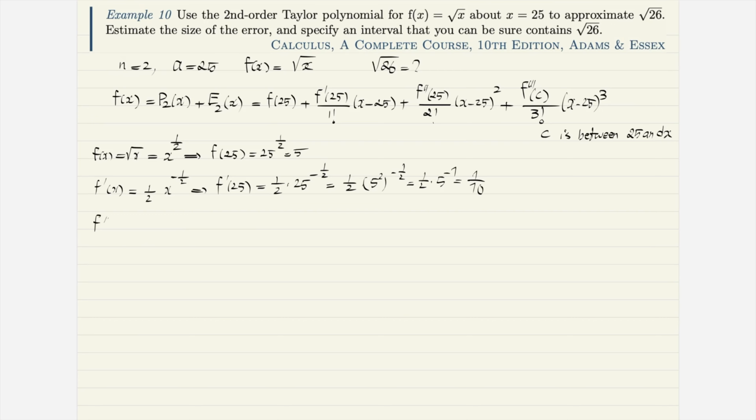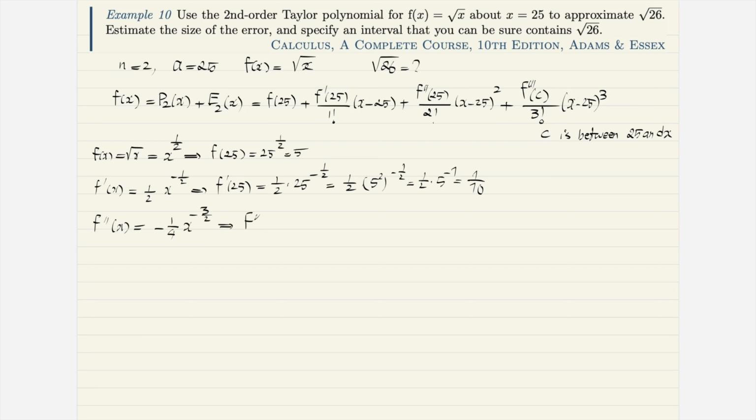And now f double prime of x. This is my f prime. I want to differentiate it once more, so 1 over 2 goes down, and then 1 will be deducted from the exponent, so it becomes minus 1 over 4 x to the power minus 3 over 2.